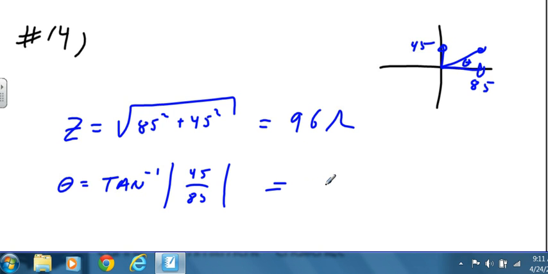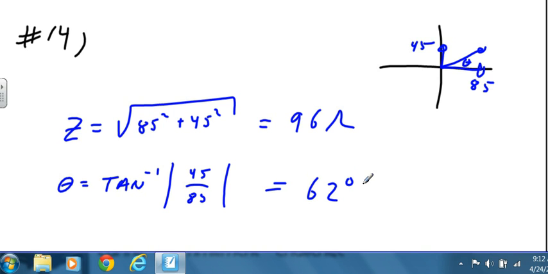No, it can't be 62 degrees. How can it be 62 degrees? Oh, I put it in my calculator wrong.